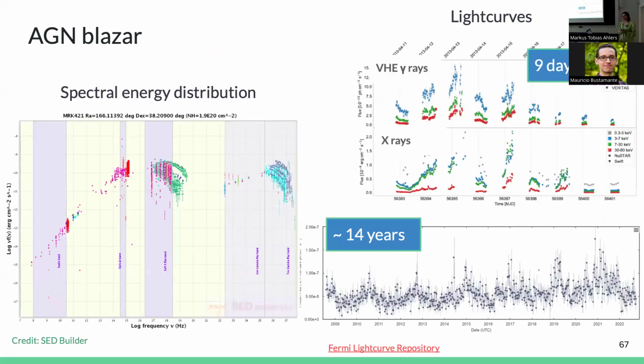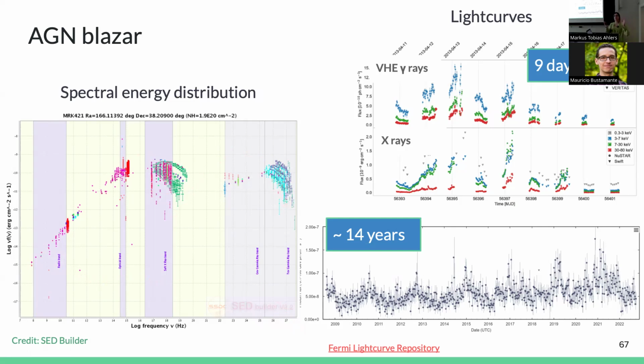And here is what a blazar looks like. So an AGN with a jet. What do we typically observe? On the left, you can see the spectral energy distribution of photons going from radio wavelengths to X-rays to GeV gamma rays, extending to TeV gamma rays. And you can see that it has this kind of nice two-component structure.